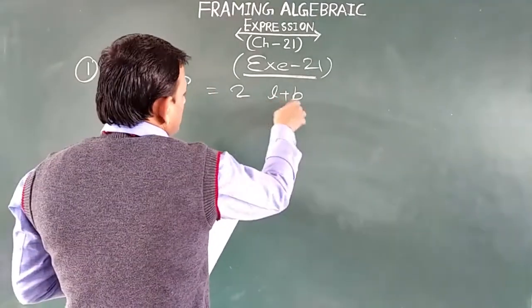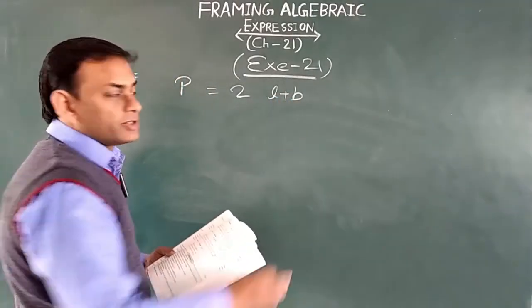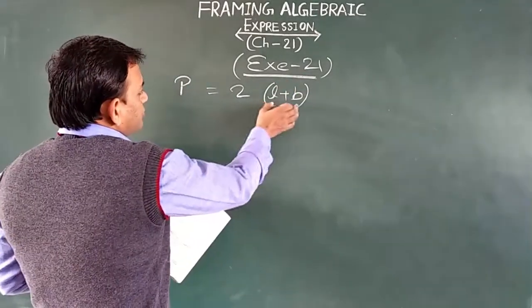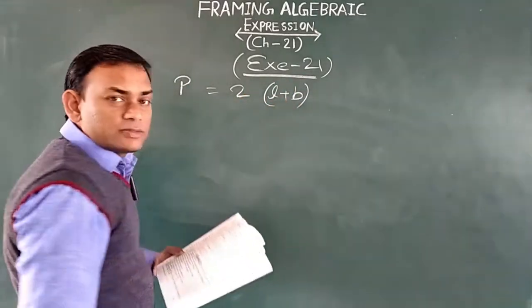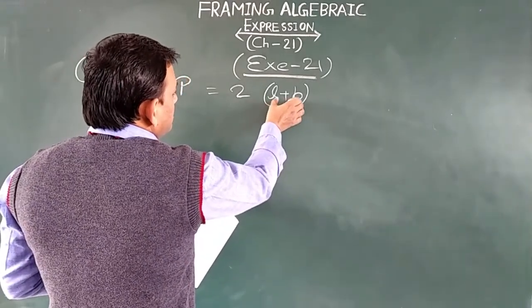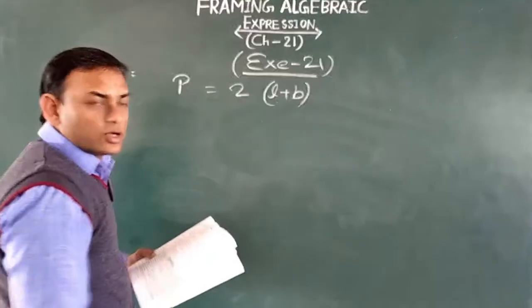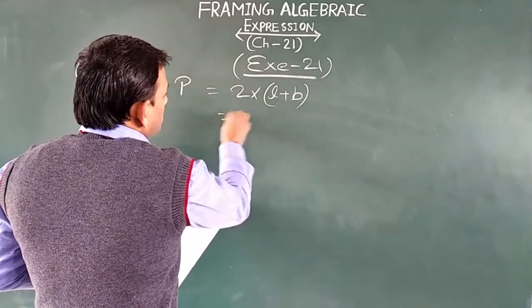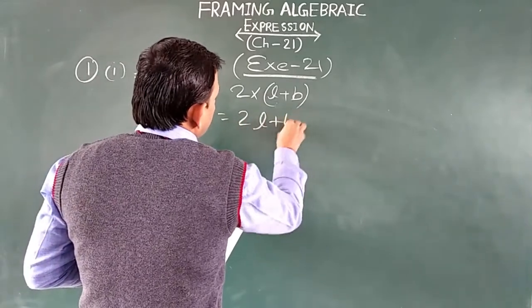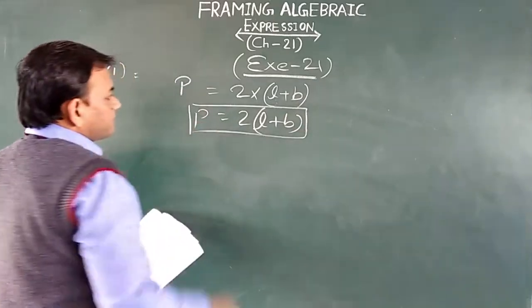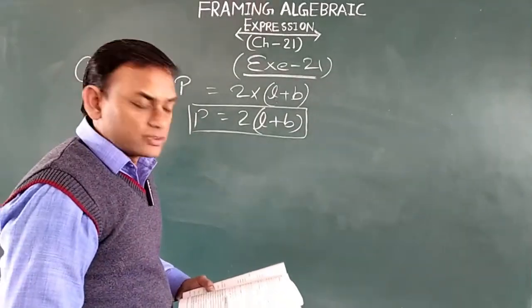The sum of length and breadth will be L plus B. The question says 2 times of that, so we multiply the sum of length and breadth by 2. So it will be 2 times L plus B, 2(L + B). This is the algebraic expression of the given statement.